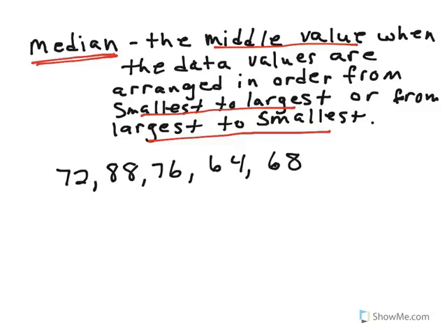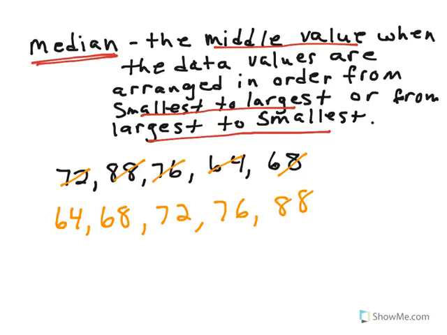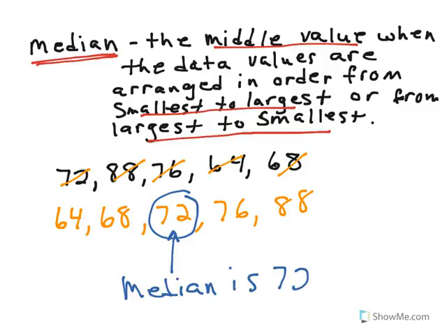I am going to place them in order from smallest to largest. So the 64 comes first, then the 68, then the 72, then the 76, and then finally the 88. Now I find the middle value, which is 72. So the median for this set of data is 72.